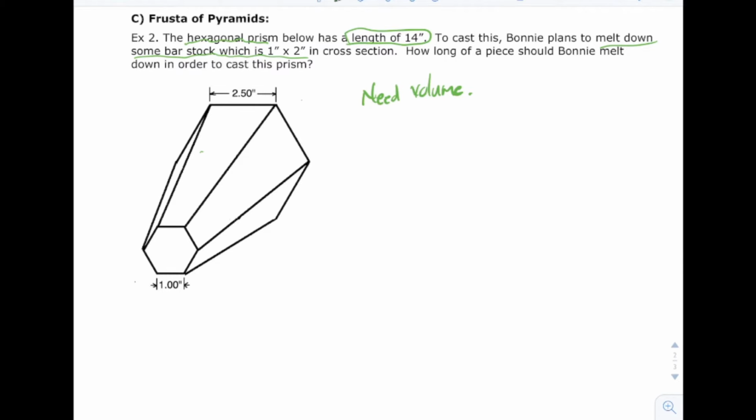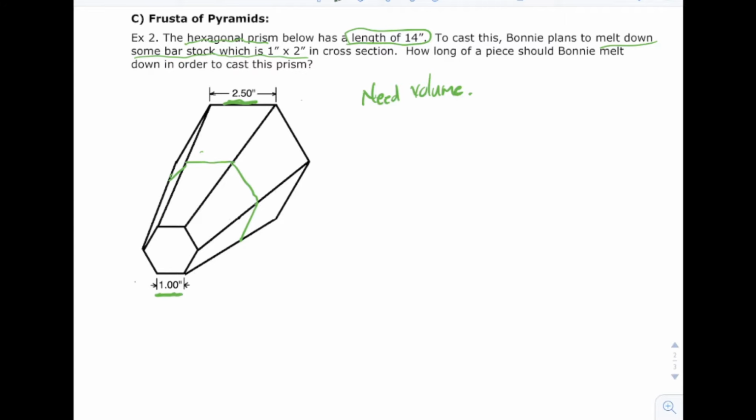Looks like the hexagon has a 1 inch side on this end. Each side of the hexagon is 2.5 inches on this end. And of course, we're going to have to worry about a location halfway down here. What do you suppose this distance is going to be?